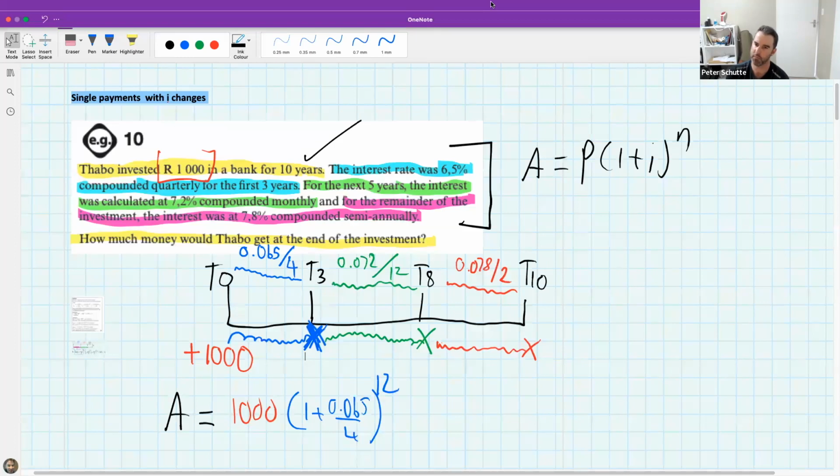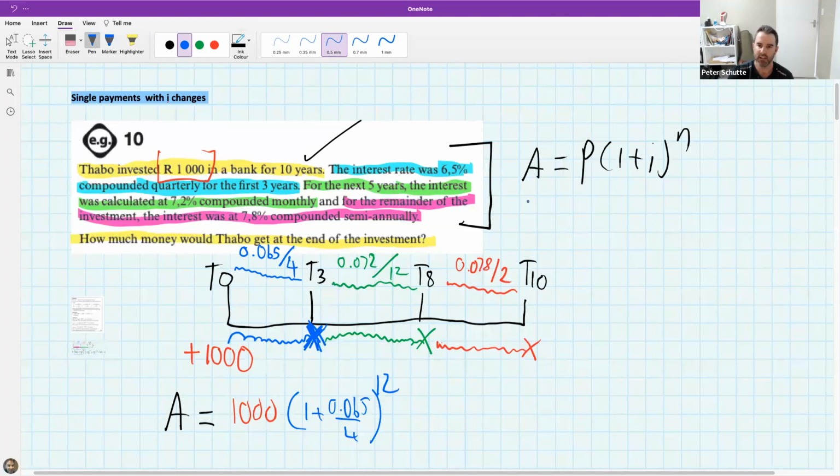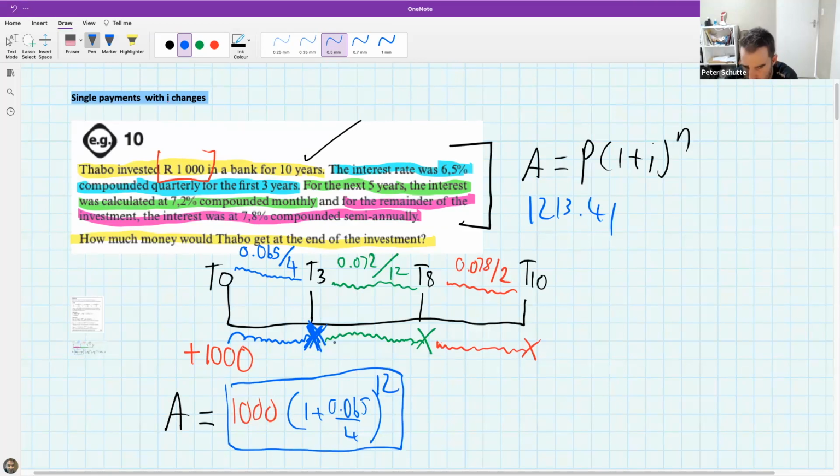So in Paul and in Bongwe, okay, lots of students are getting 1213.41. Now, here's the sneaky thing. We're not done. So instead of putting that amount down, all we do is we pretend that this amount is the amount that we need to use as the p-value for the green bit.